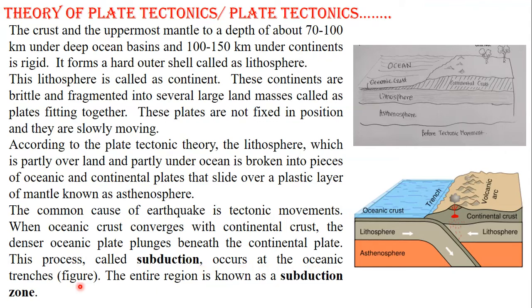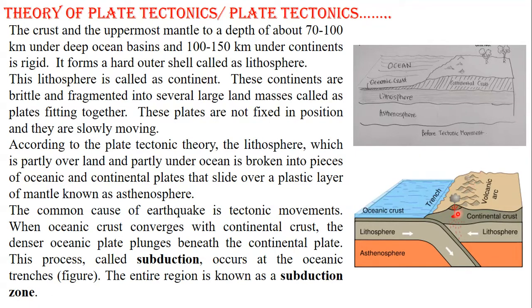Subduction occurs at the oceanic trenches. So at this interface it occurs, and the entire region is known as subduction zone. And this movement of plates results in earthquake. When there is a subduction of the oceanic plate below the continental plate, it pushes the magma in upward direction and volcanic eruptions take place here.